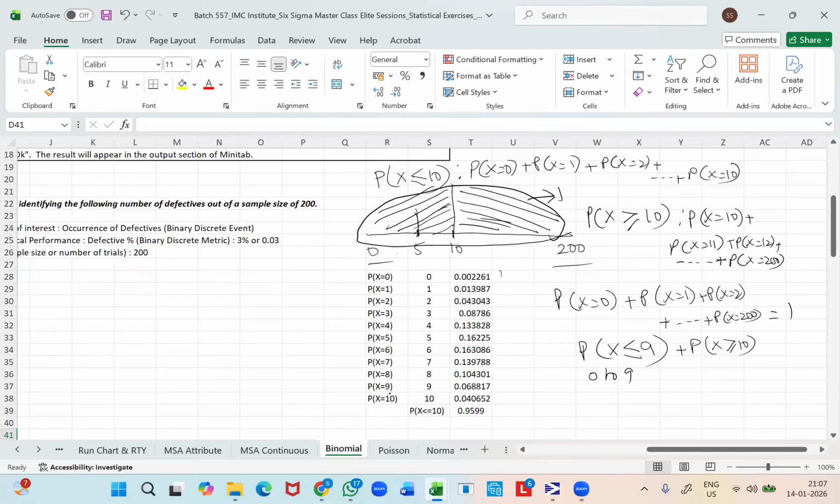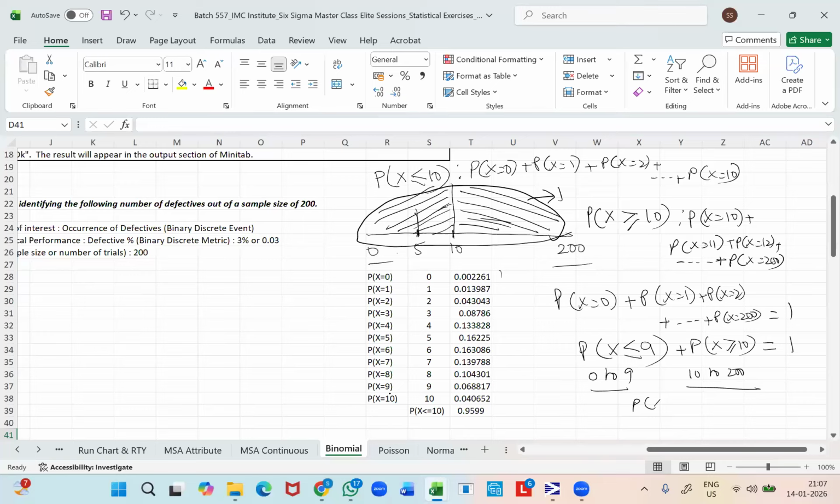P of x greater than or equal to 10, as we saw just now, will contain the individual probability values from 10 to 200. So 0 to 9 is covered in P of x less than or equal to 9, and 10 to 200 is covered in P of x greater than or equal to 10. The summation of these two notations will be equal to 1 as per the probability property.